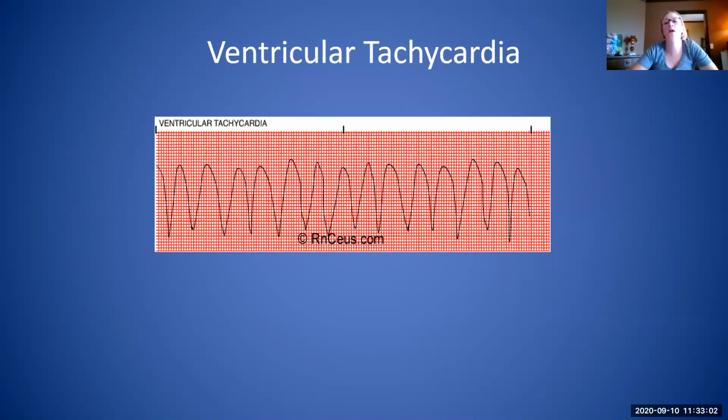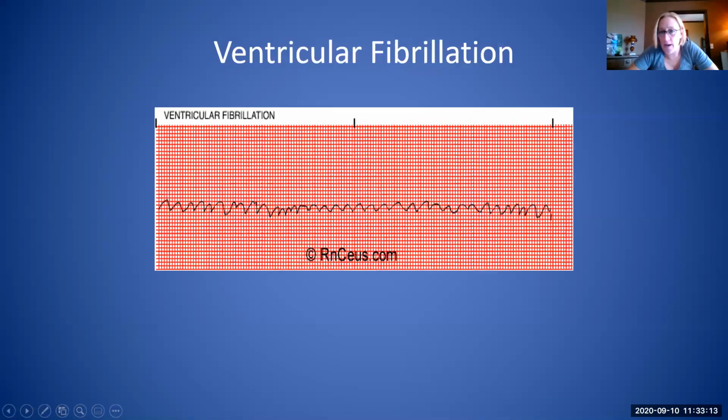So when VTach becomes pulseless, you treat it like VFib, which is our ventricular fibrillation. Just like in atrial fibrillation, the ventricles now are fibrillating or just quivering. Well, as you can imagine, if a ventricle is just quivering and not pumping, you're not going to have a pulse.